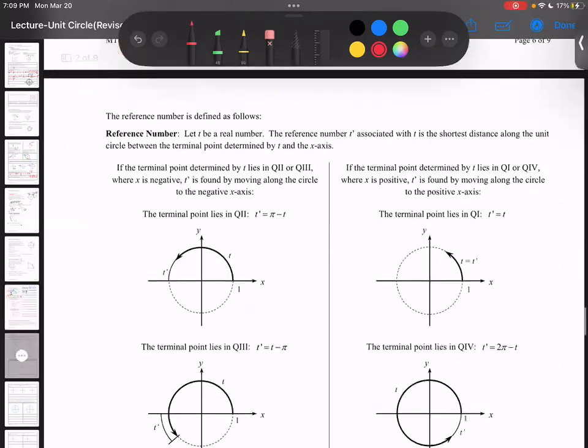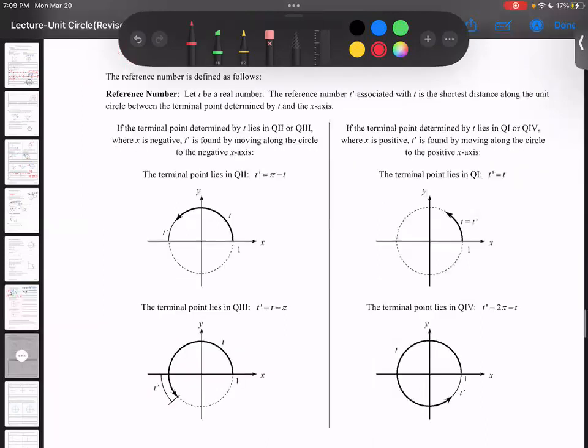All right, I think here is the part where students got confused. Reference number. You know what? I never really use these pictures. What I use is the definition that they give me right here.